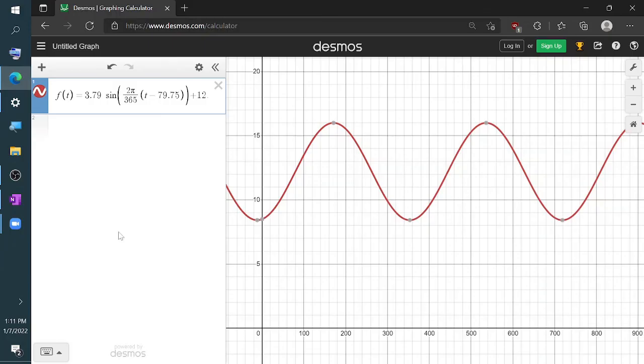So here is the graph of our wave, with the correct amplitude, period, midline, and shift. By shifting the function, we have gotten the maximum point to be achieved on the correct date.